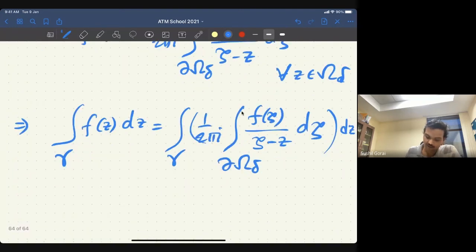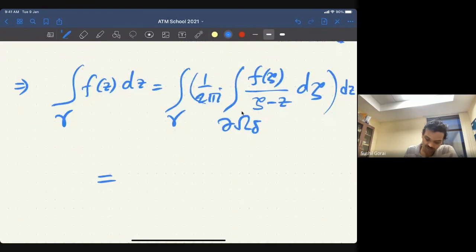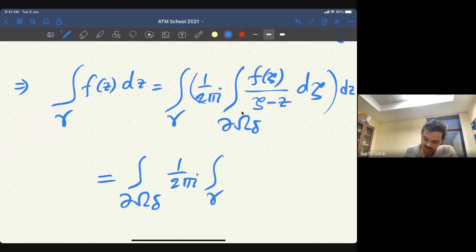Now, since all these functions are continuous over gamma as well as gamma delta, one can interchange the order of the integral. So interchanging the integral, what we get is the integration over del gamma omega delta of 1 over 2 pi i, the integral over gamma of d zeta by zeta minus z, f zeta.